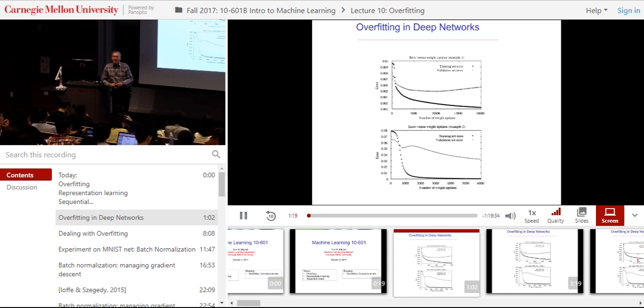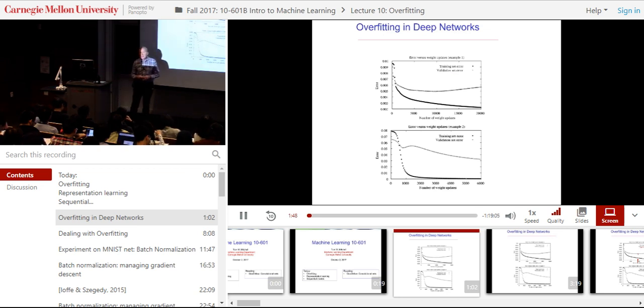The topic is really not very different in the case of deep networks, except that some of these networks have a lot of parameters, and so it's quite easy for them to overfit. It's not unusual for example, networks for image processing or speech processing to have over 1 million trainable parameters. And so people tend to train those on very large data sets, but nevertheless, overfitting is an issue.